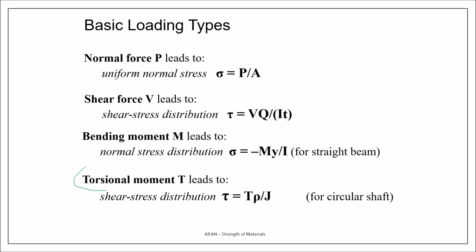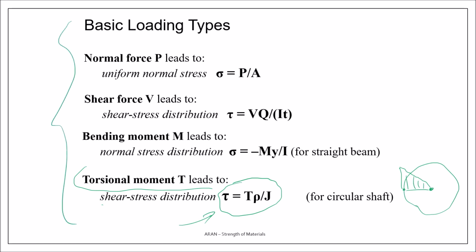Next, when we have a torsional moment, the shear stress caused by the torsional moment is zero in the middle, maximum on the surface, and the distribution is linear throughout the section. These are the basic loading types we're going to consider in our combined loadings.